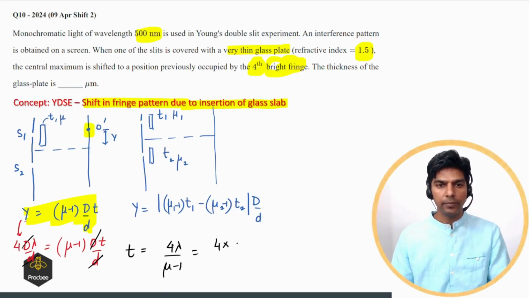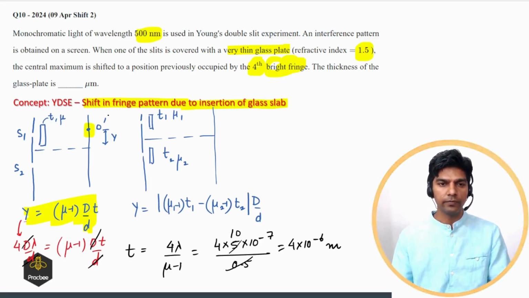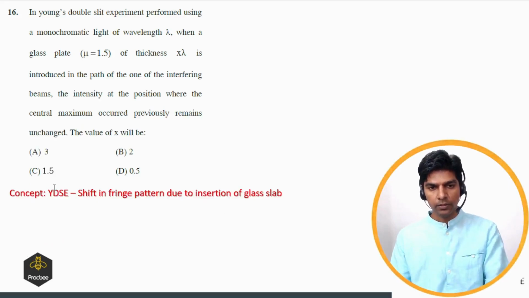So 4 times lambda, with lambda given as 500 nanometer, will be 2 into 10 raised to power minus 6 meters, divided by mu minus 1, which is 1.5 minus 1, so 0.5. So it will be 4 into 10 raised to power minus 6 meters, so it will be 4 microns. So 4 is the answer of this question.